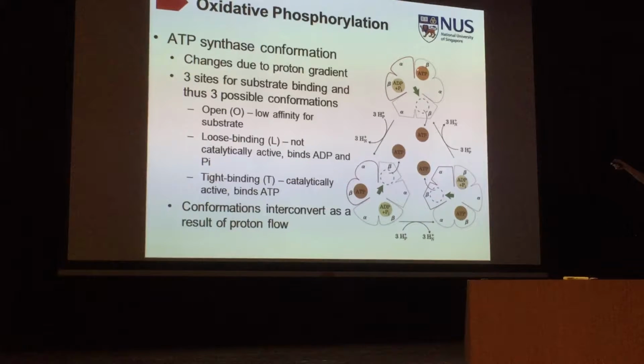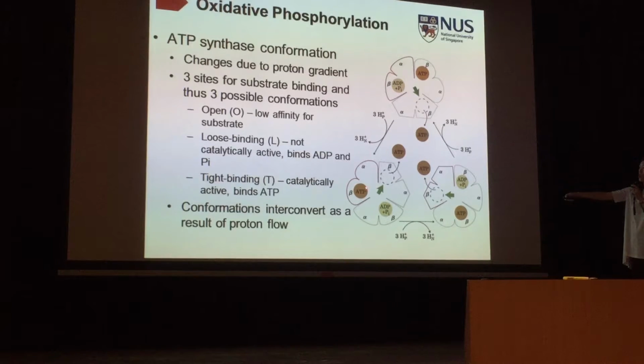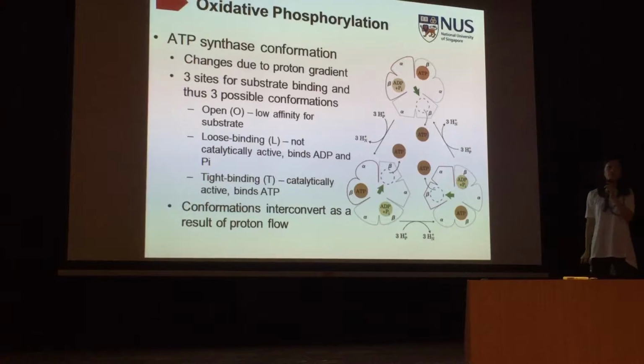You have the ATP already produced, but next to it you have substrate bound. And once this occurs, the movement of the shaft will kick the ATP out. Once the ATP is kicked out, this becomes an open site. And the next site, which was previously occupied by the substrate, changes its conformation to facilitate the enzyme reaction to make ATP.